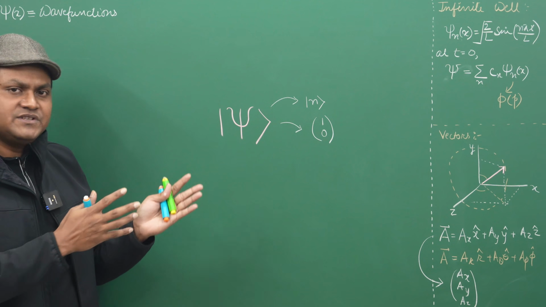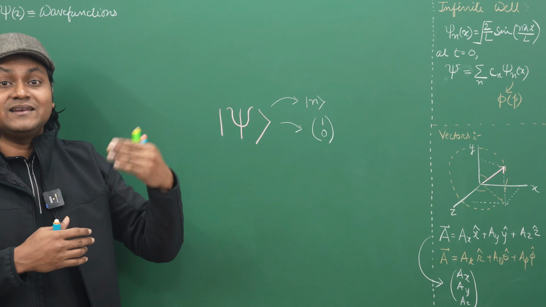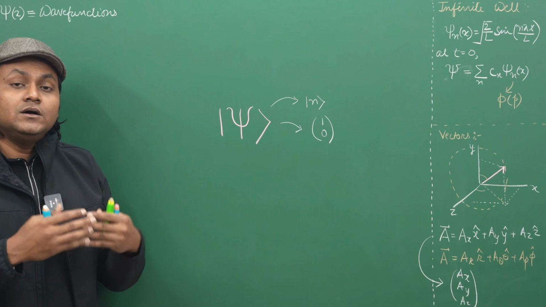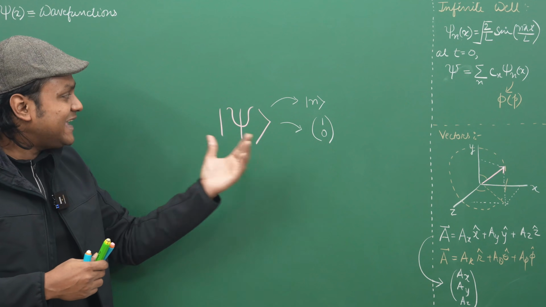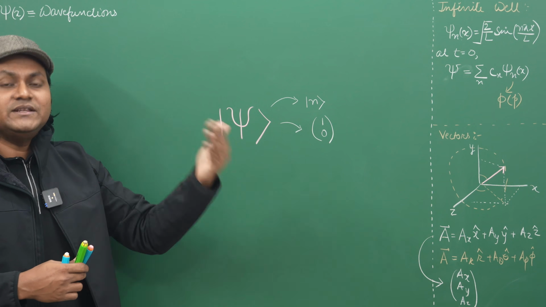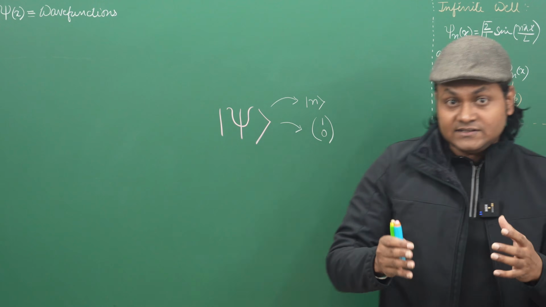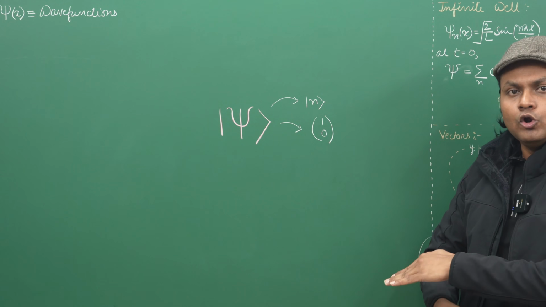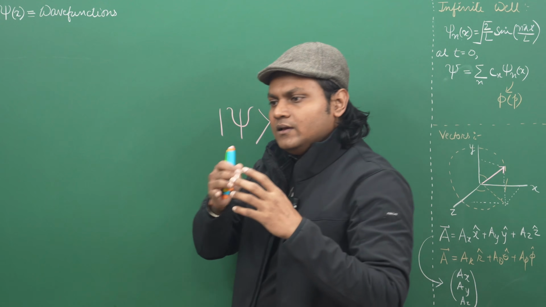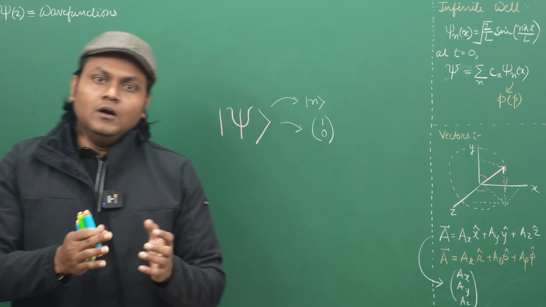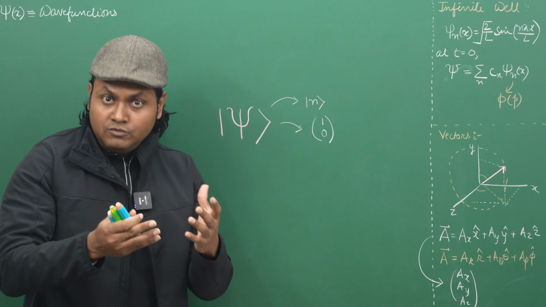And this kind of a representation was first introduced by Dirac, and therefore we call it the Dirac notation, which includes Kets and bras, etc. And this notation of representing the states as Kets and bras and everything else that is going to follow is very much an integral part of learning modern quantum physics.